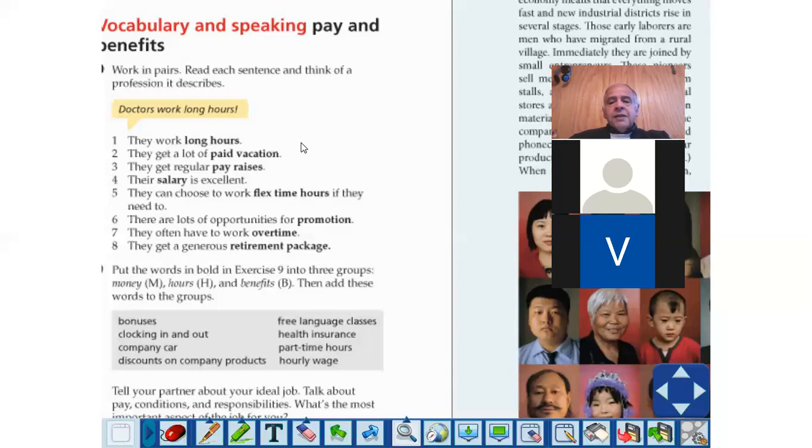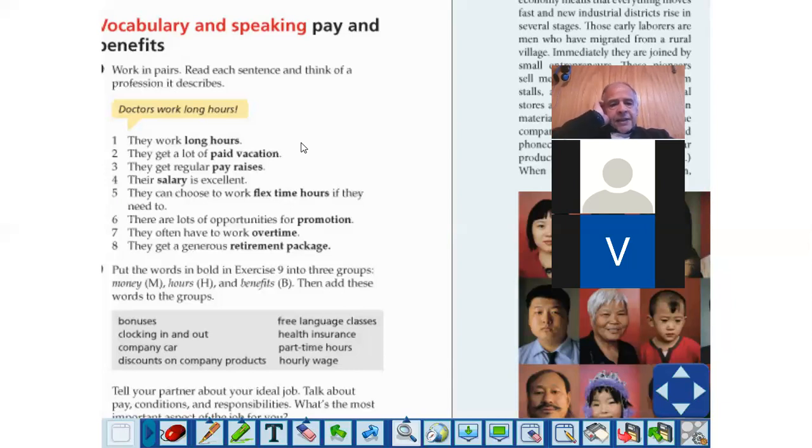When I started, I had to work in 3 or 4 places in order to have enough money to live. So nowadays the salaries for teachers are a little bit better, but they are not excellent, like for example doctors, engineers or architects who earn a lot of money.